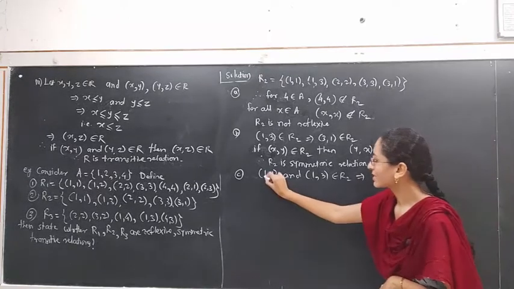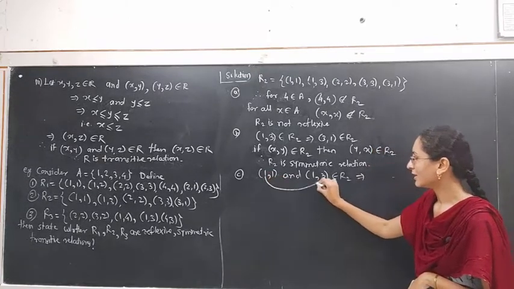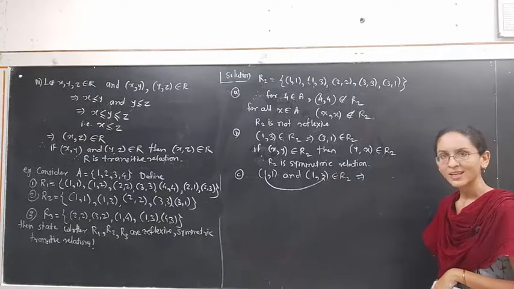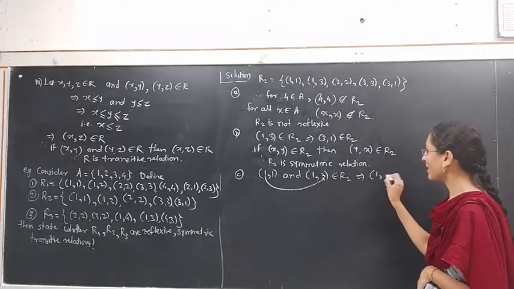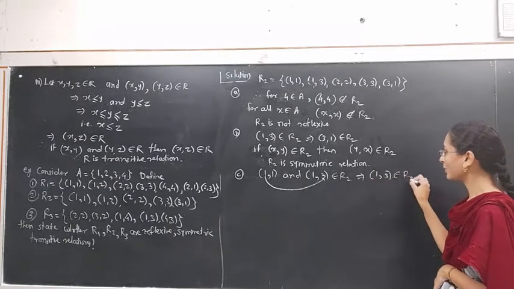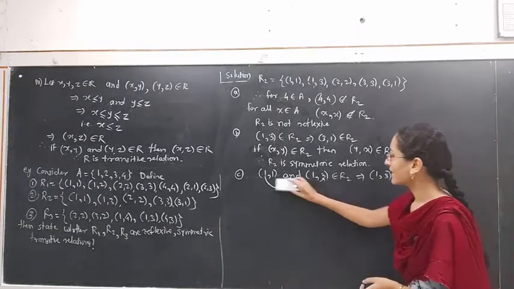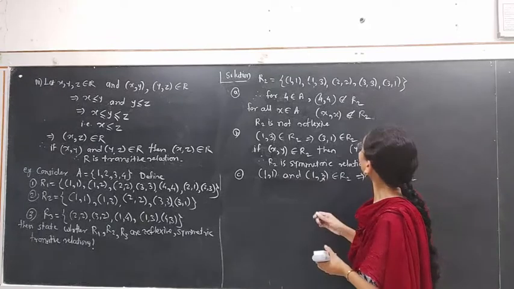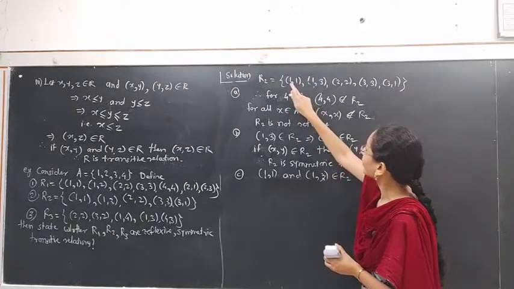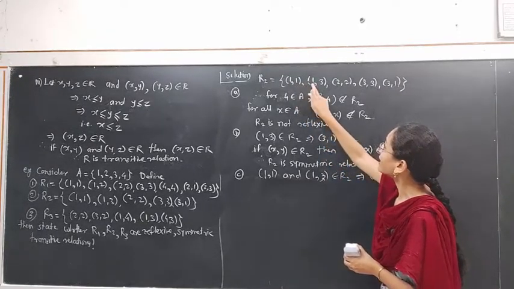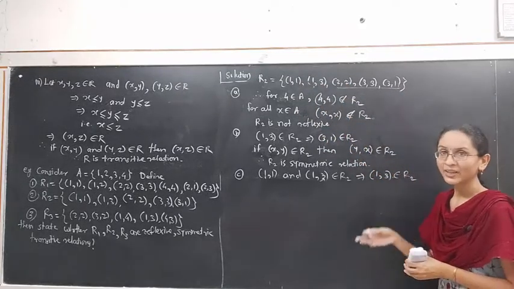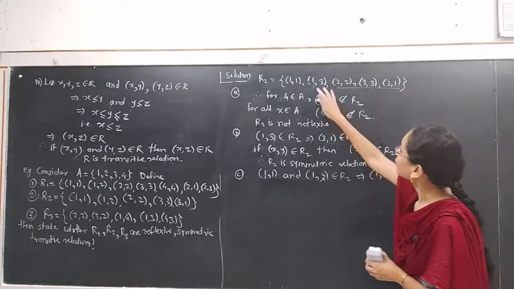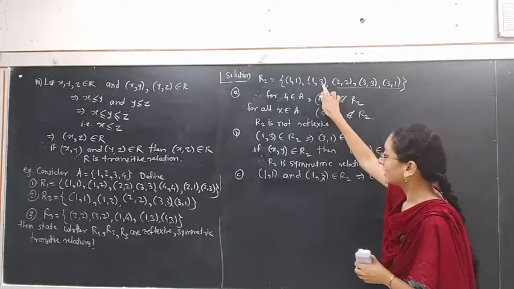This implies the first element of the first ordered pair is related to the second element of the second ordered pair. (1, 3) is this element again. This implies the ordered pair (1, 3) belongs to R2. We check the next element. See the element (1, 1). 1 is related to 1 and 1 is related to only the element 3. In the next pairs, 1 is not related to any element. Hence we go to the next pair, 1 related to 3.